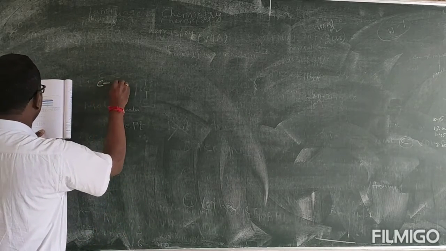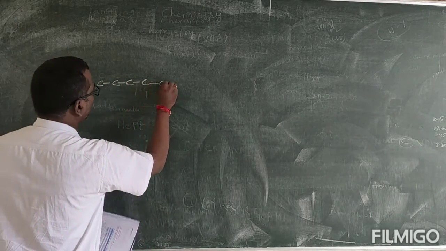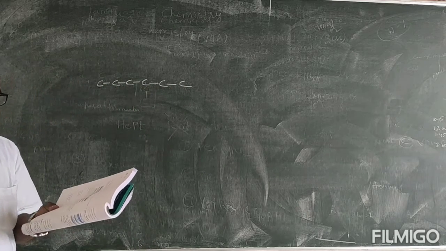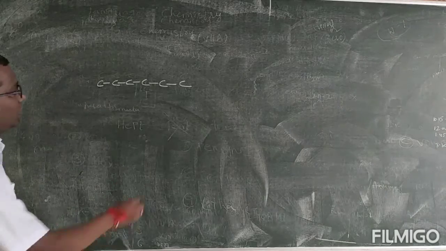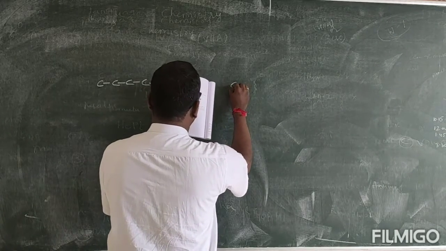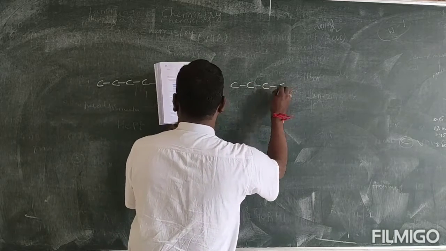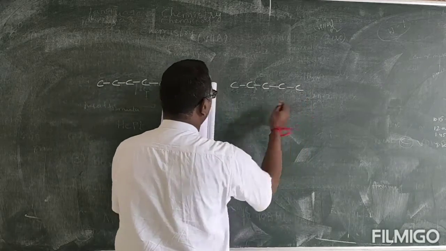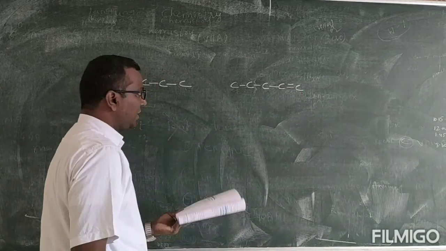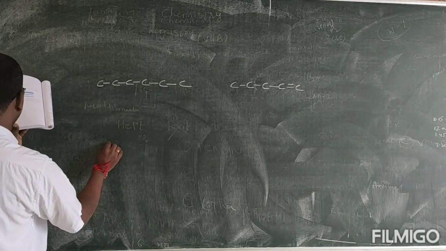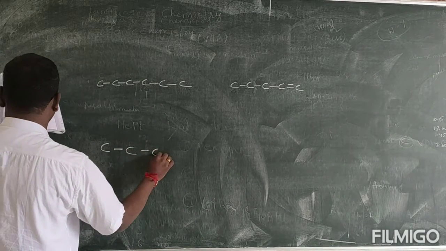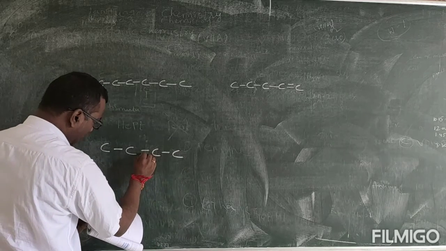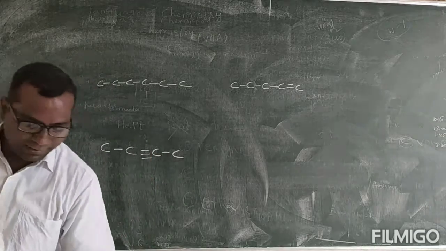Suppose consider 1, 2, 3, 4, 5, 6 carbons are there. 6 carbons are there. Then how is this name given?